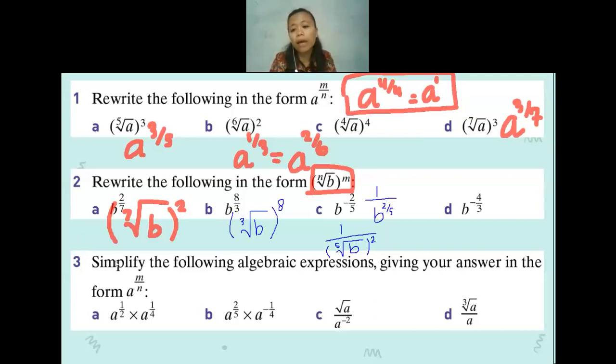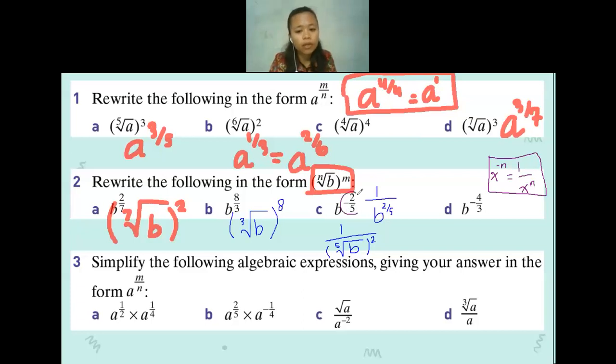That's why I told you, please always make notes of all the index laws, because you are going to use them to find the answer or change the form. You know, when we have x to the power of negative n, we can change it into 1 per x to the power of n, right?